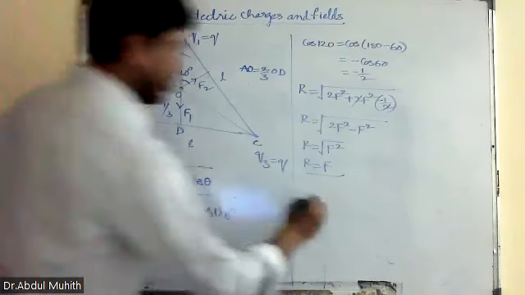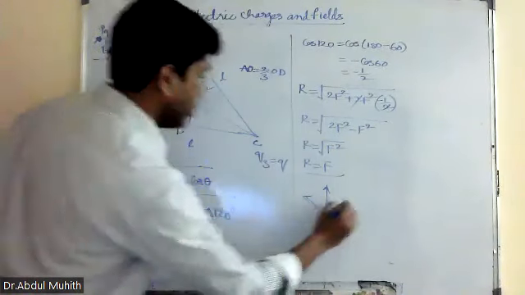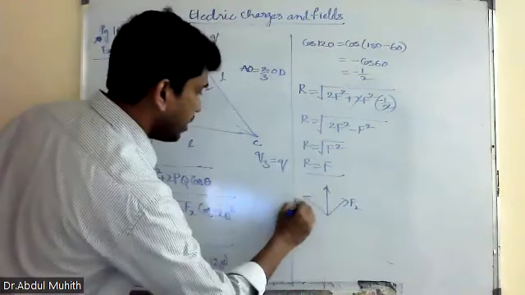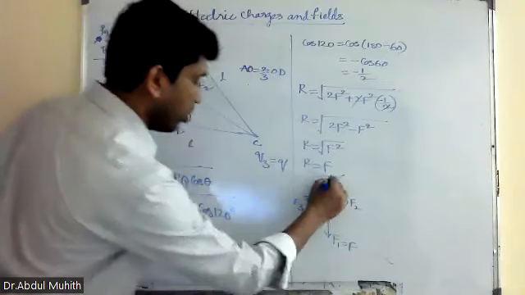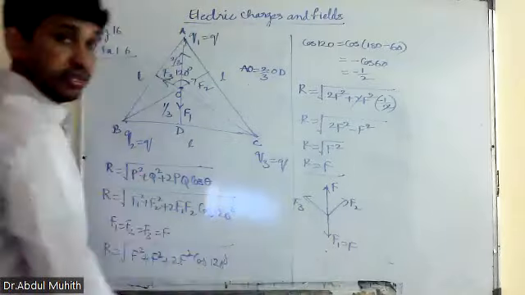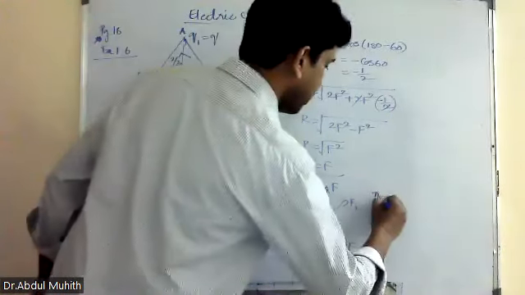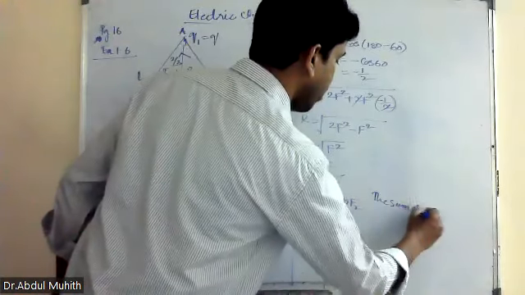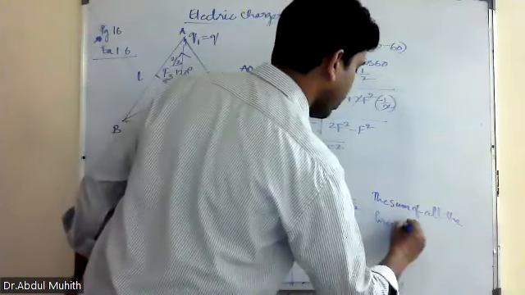If you see carefully, this is F2, this is F3, this resultant is F, and this is F1. F1 is again equal to F. So upward force equals downward force. When upward force is equal to downward force, the sum of all the forces is 0. Understood?